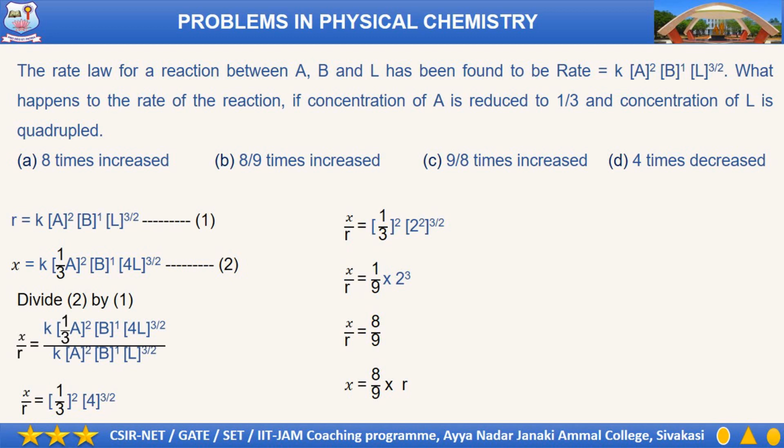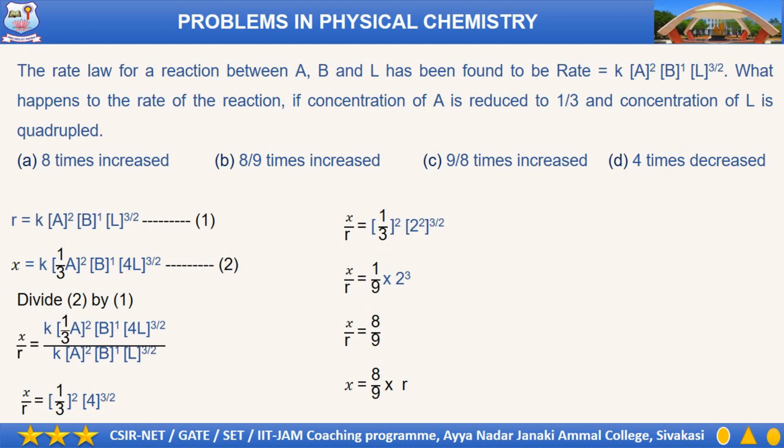Cancel, cancel. K and B cancel. Therefore, it is 1/3 square. L by L, we are keeping 4 power 3 halves.